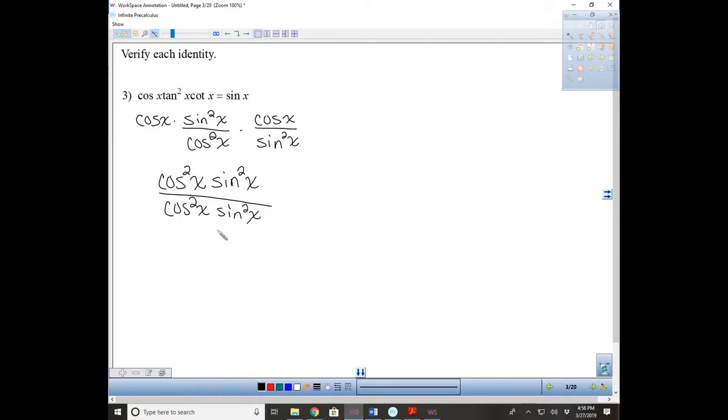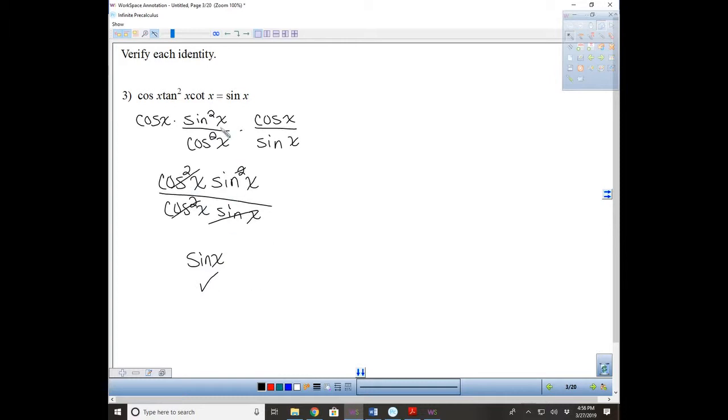Oh, sorry guys, that's not a squared. There we go. So what happens is my cosines are going to cancel, and then I have 2 on top and 1 on bottom of the sine, so I'll take 1 from each, leaving me with sine.